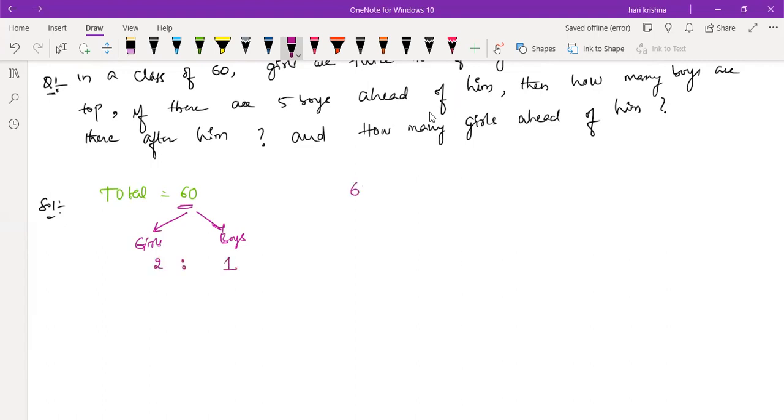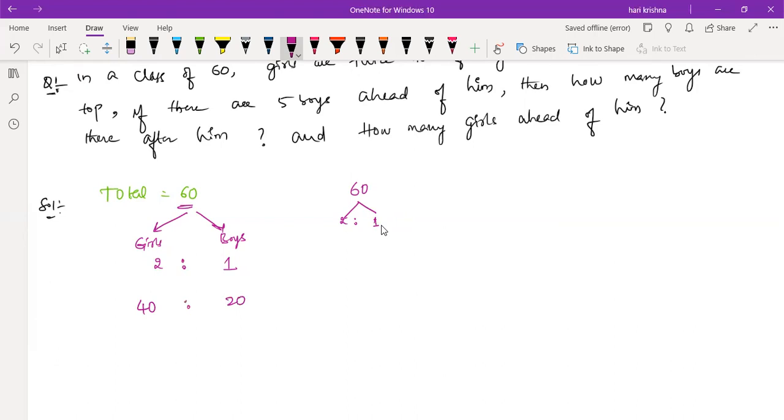That means if you divide 60 in the ratio 2:1, what is the answer? Sir, can we take 2x and x? You can take that directly, right? 2:1 is 3 total. 60 divided by 3. So girls will be 40 and boys will be 20.